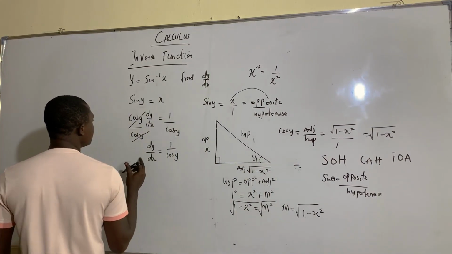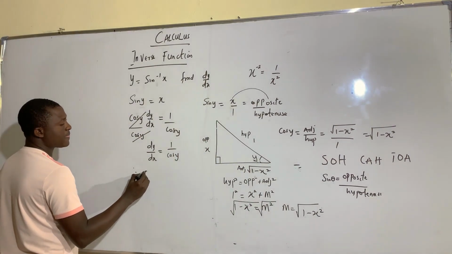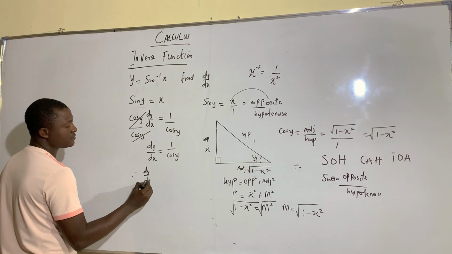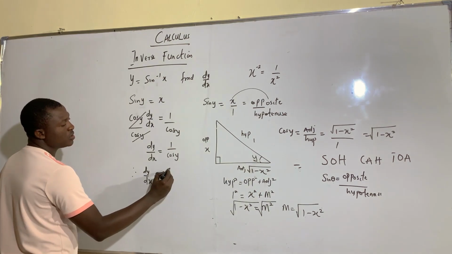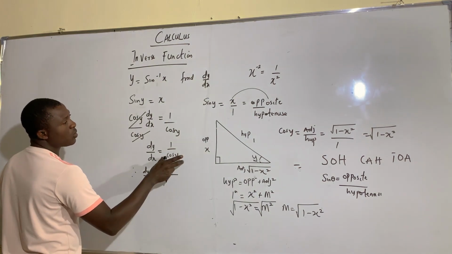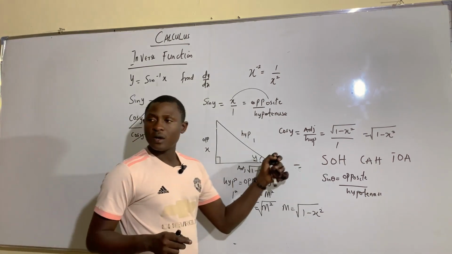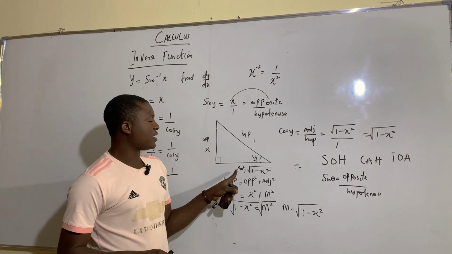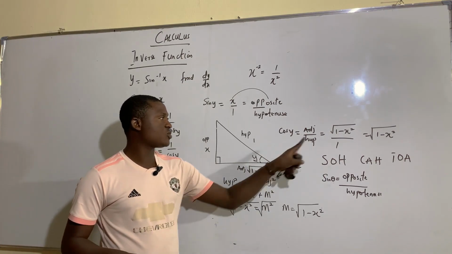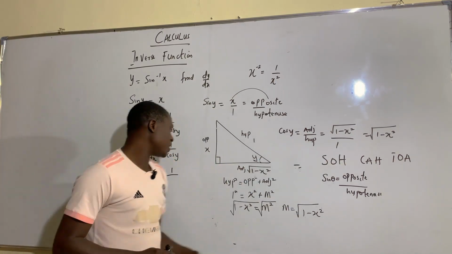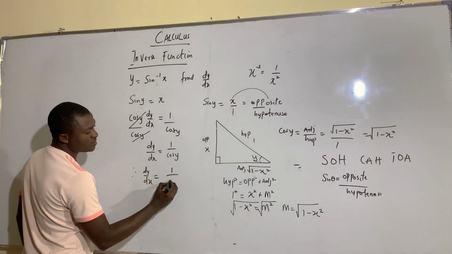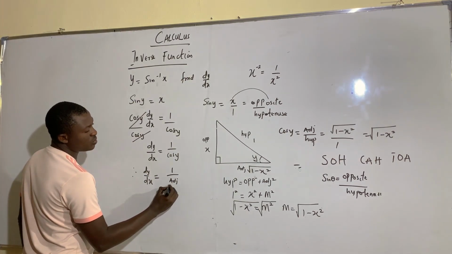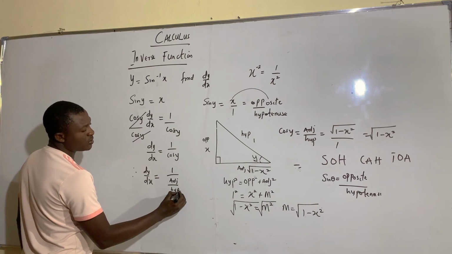So now here I can have dy dx is equal to 1 over cos. As I explained here, cos is adjacent over hypotenuse. So from this shape, we have adjacent to be root of 1 minus x squared, hypotenuse is 1. Why did I put it there?